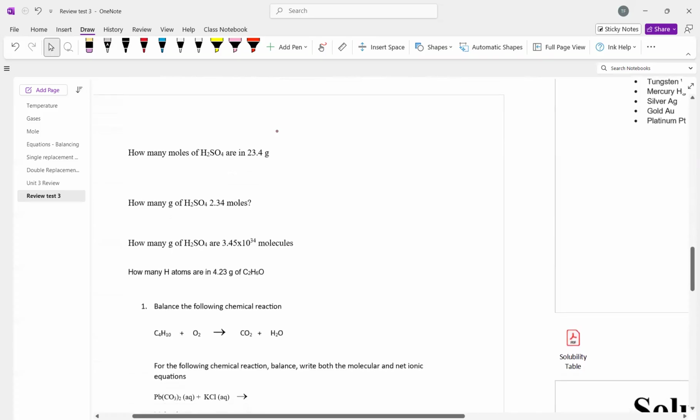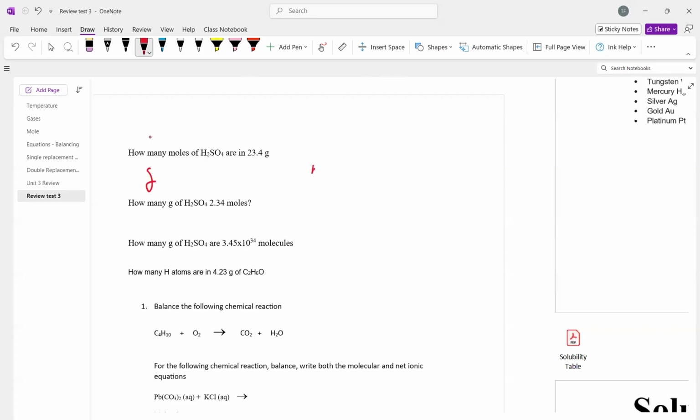All right, calculator time. How many moles of H2SO4, sulfuric acid, are in 2.34 grams? Okay, so our given is grams.